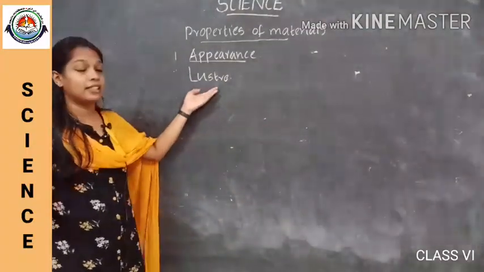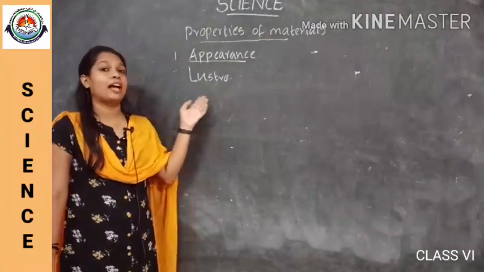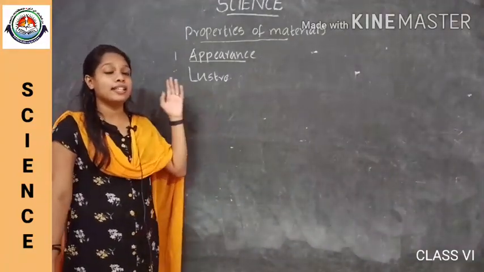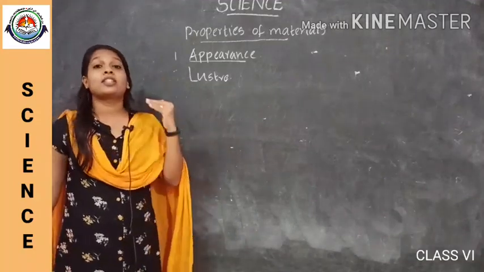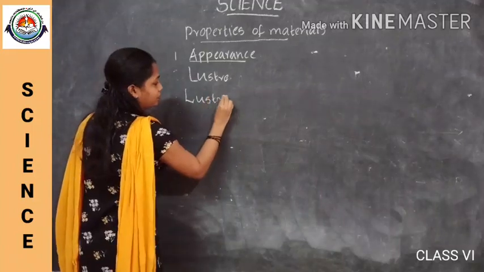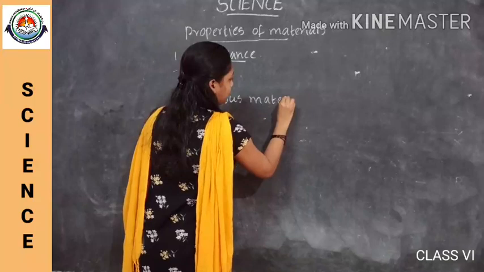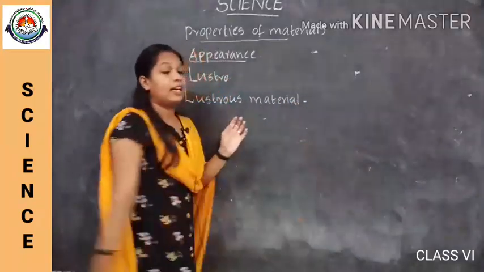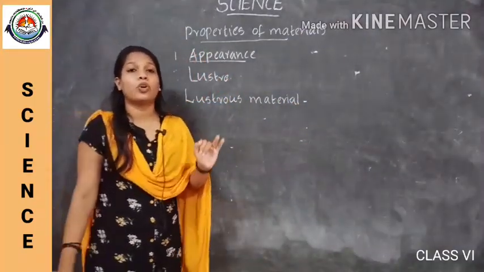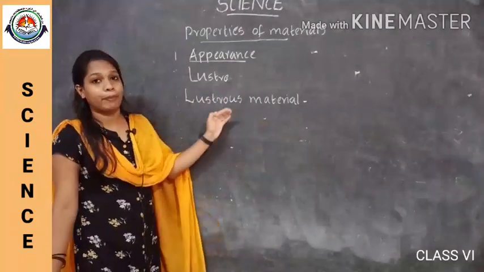So the materials that have the shine are called lustrous materials. So the iron rod, aluminium rod and copper wire will have this lustrous appearance.